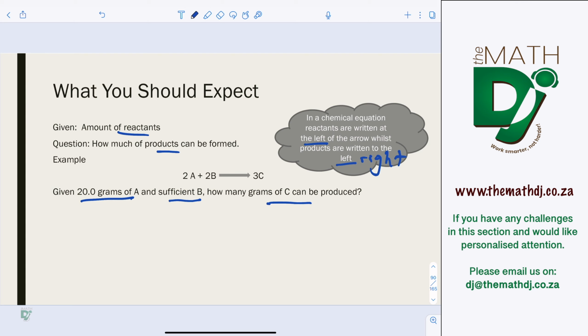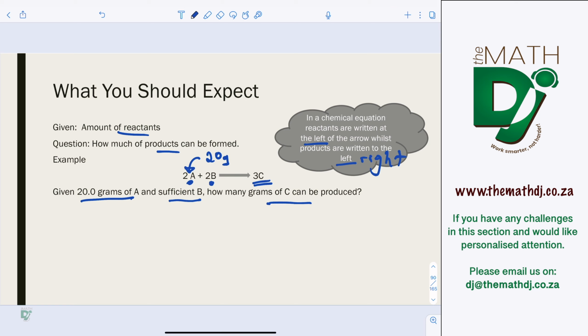B is unlimited, but A is limited. So the amount of C that will be formed is determined by the amount of A we have, in this case 20 grams.